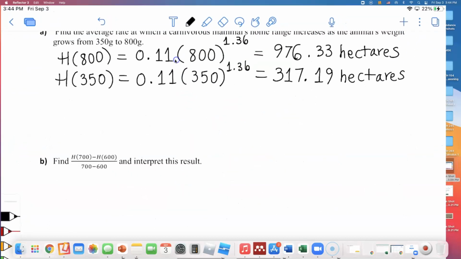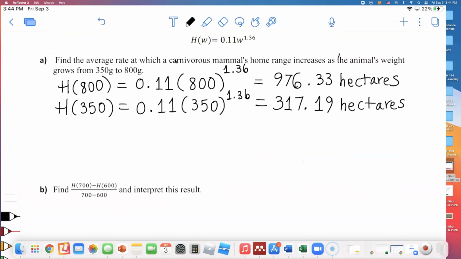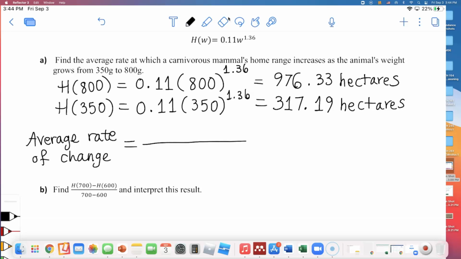I don't have an idea of how much this is, but anyways, just to solve the problem. They wanted the average rate of change, which is equal to the change in home range, 976.33 minus 317.19, divided by the change in the animal's weight.